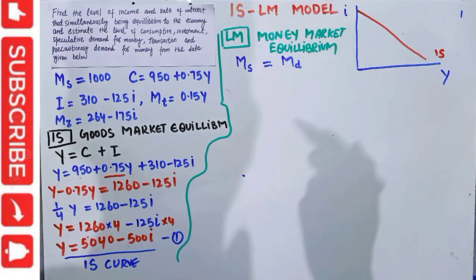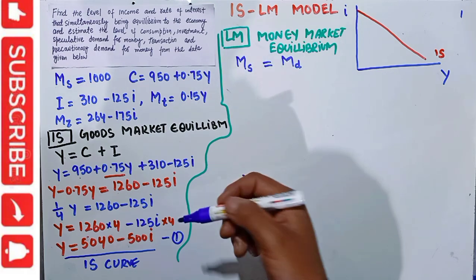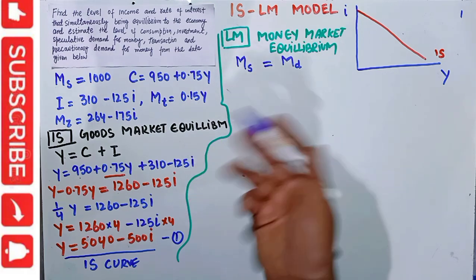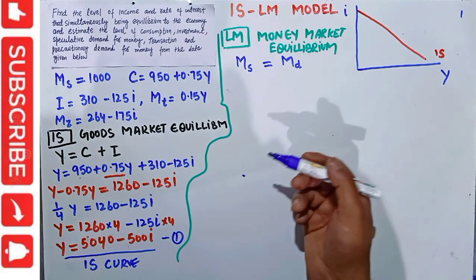That is denoted by M subscript D. So I am really sorry for the grammatical mistakes I made.